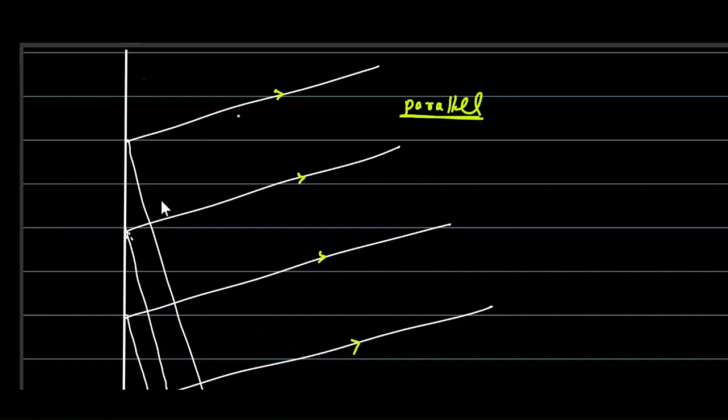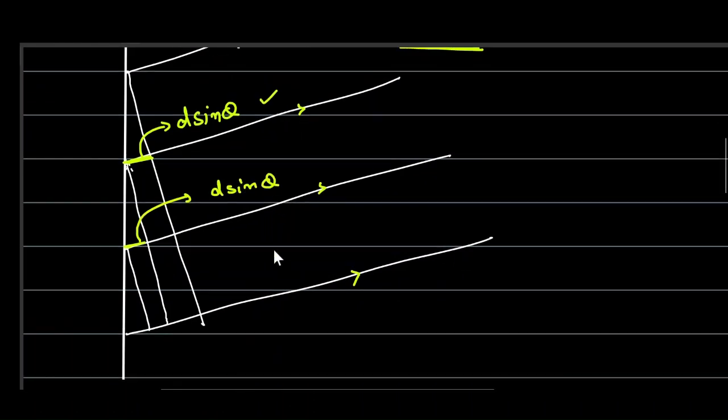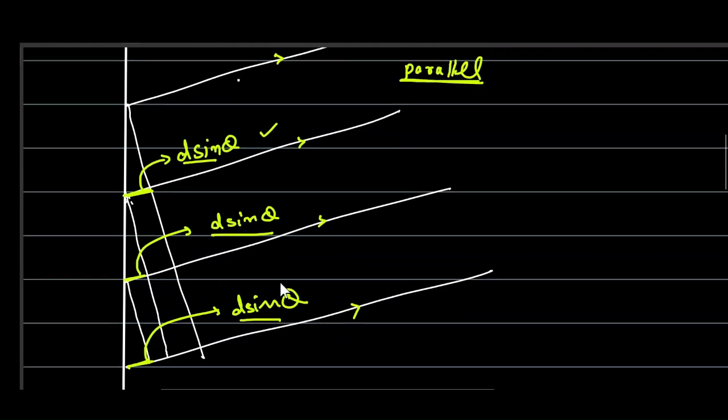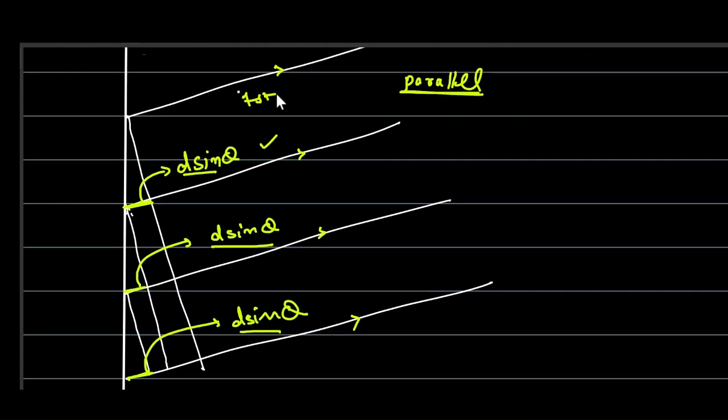If they were not parallel, it would be difficult to calculate the path difference, but in this case we can clearly see from the triangles that the path difference is d sine theta, the usual YDSE result. Again there is a path difference of d sine theta, and again, and this continues for n waves. This will all add up to give the path difference between the first one and the last one, the nth one.